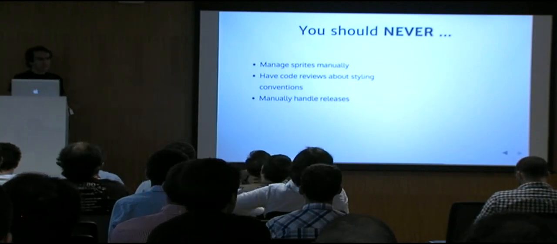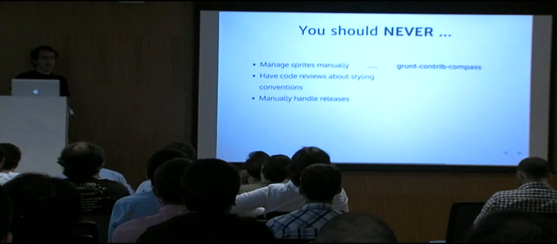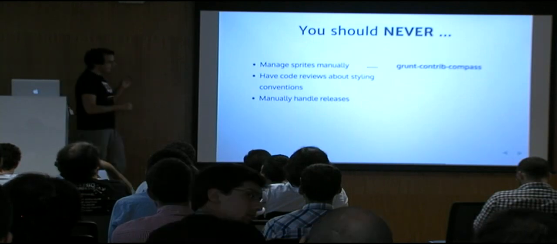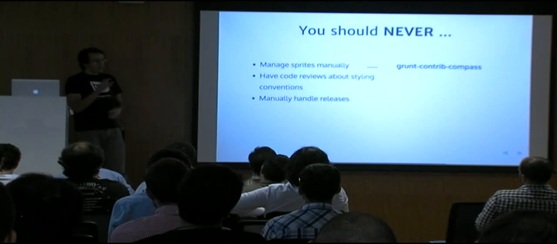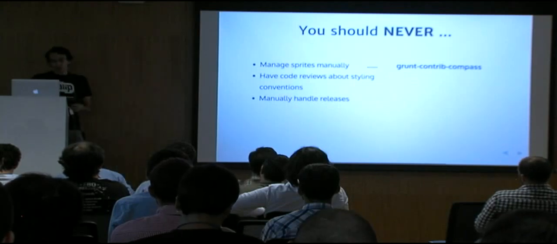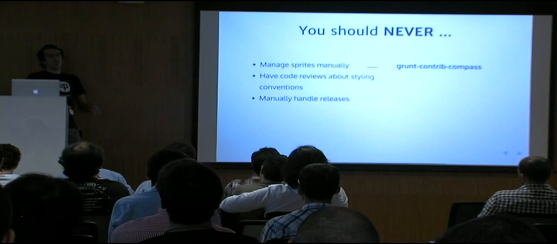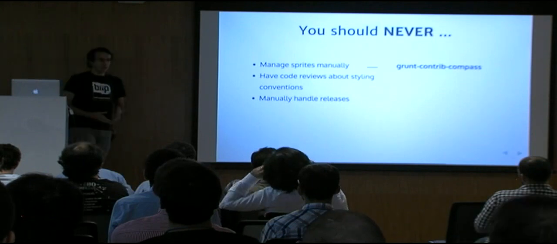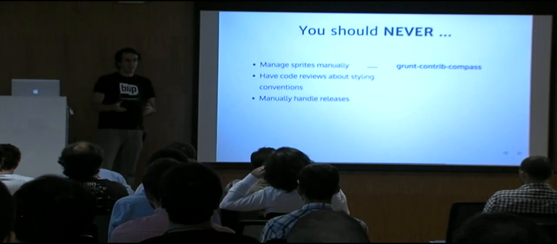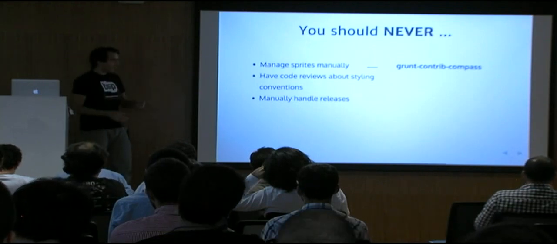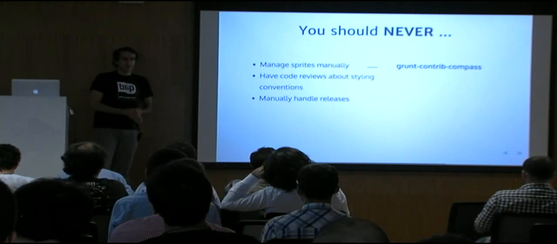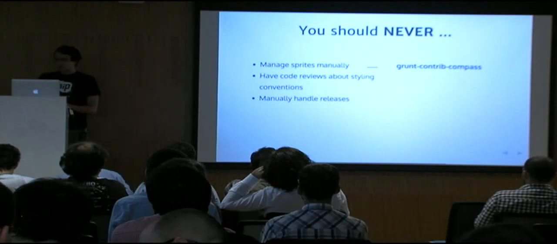You should never manually handle sprites. Never. It's a complete mess working with PSD, exporting to PNG. You already have grunt-contrib-compass, for instance, or if you want another option, you can use Glue. There is a ton of modules for Grunt and Gulp that do this job well, and you don't need to worry about it.